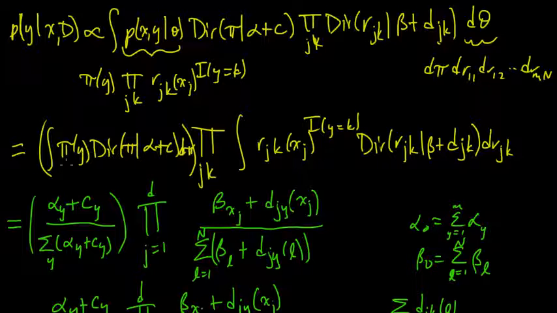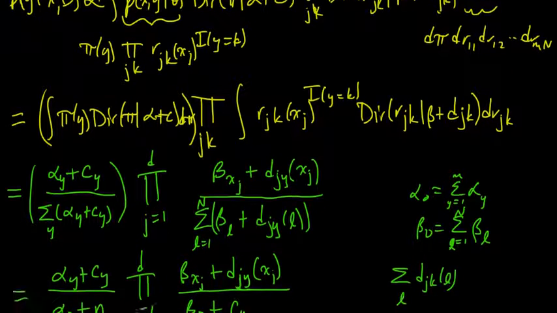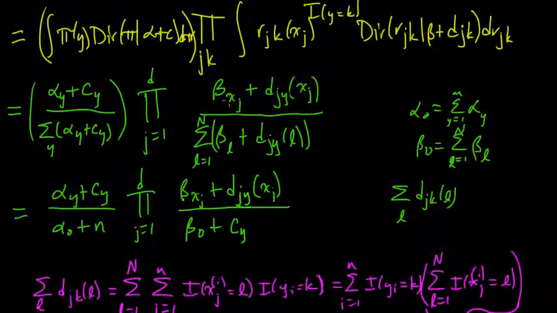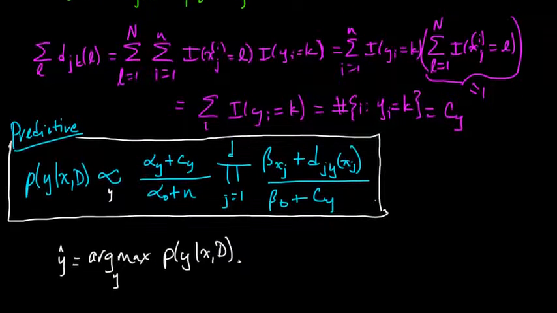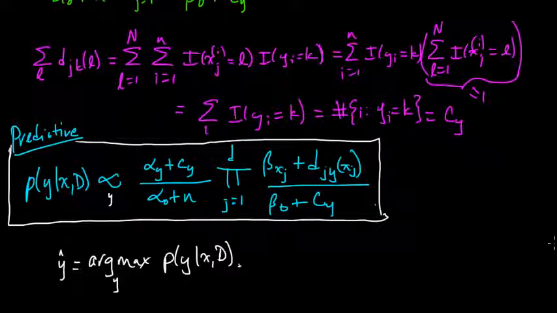There were no dependencies between them. Everything factored beautifully, and we could just write down some nice and easy expressions for these means of these Dirichlets. And that was what made it all work. Those were sort of the key steps that made this whole Bayesian naive Bayes approach work.